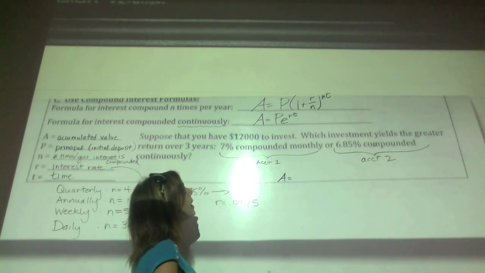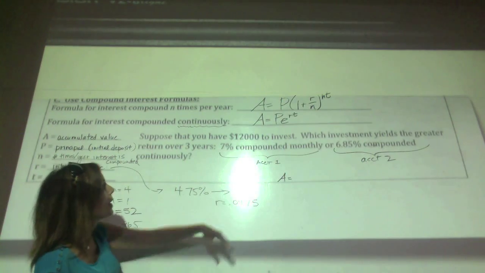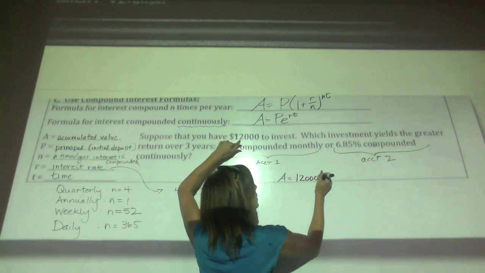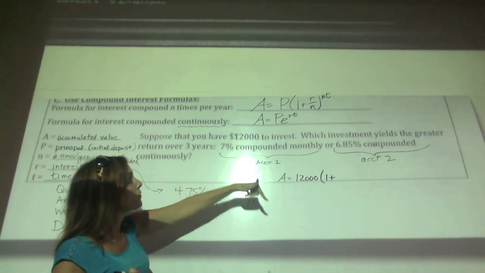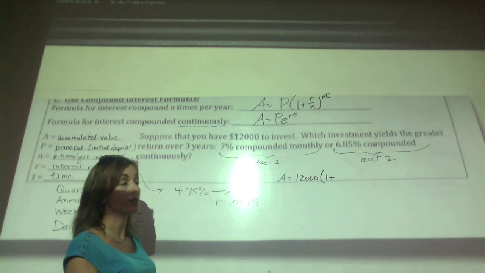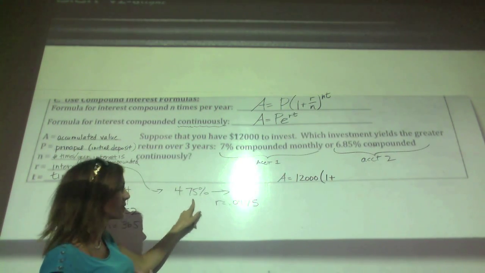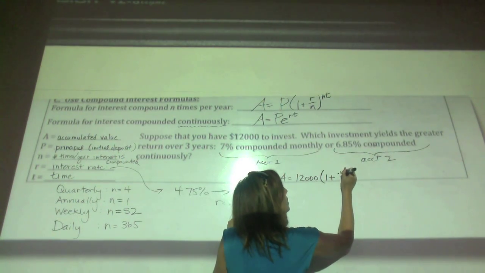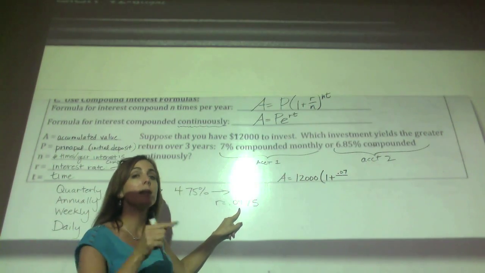A is equal to P, our initial deposit of $12,000, times 1 plus R over N. R is 7%, but I need to turn that percentage into a decimal, so 0.07 divided by N, the number of times per year.